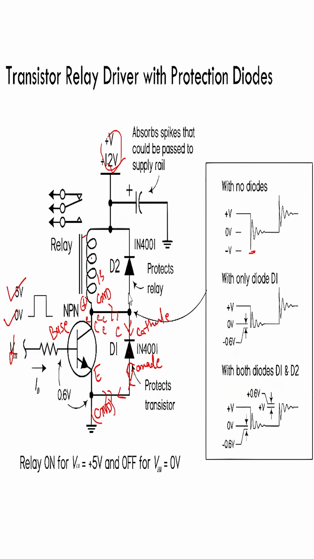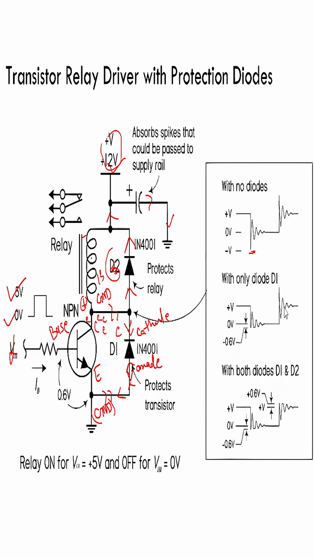Because it is a positive, it can flow from here to here and go directly to the ground, and it also dissipates here. It is a closed loop, formed because it is forward biased for this diode, so it forms here and dissipates here, understand? It doesn't damage this one, and the relay is protected by using this diode.